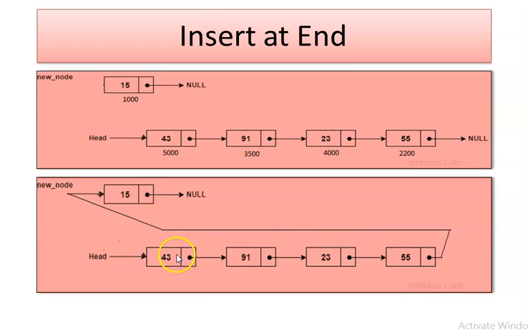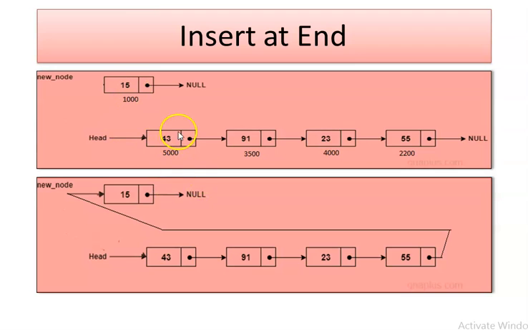This is the first node, second remains the same, so as 3 and 4, and the null part of this final node is being pointed to the new node. That means the pointing part of this final node should have the address 1000.